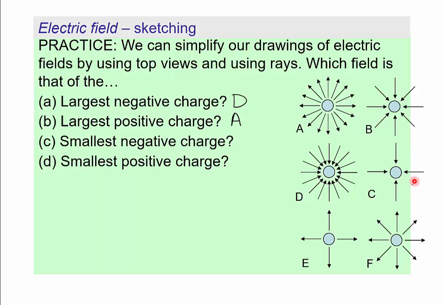And in diagram C here we have the most widely spaced field lines, and so that indicates this was the smallest negative charge. And by a similar argument, E would give us the smallest positive charge.